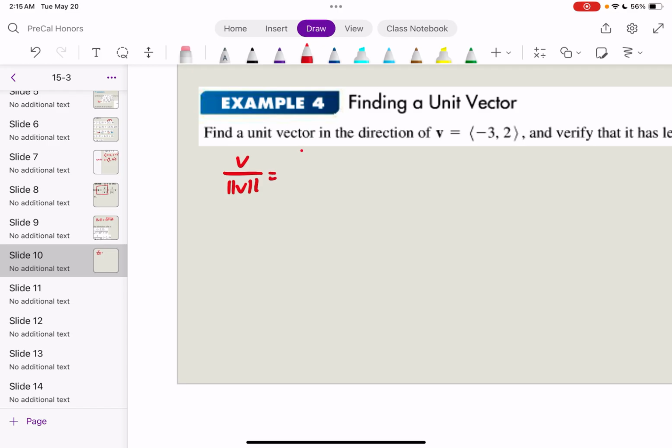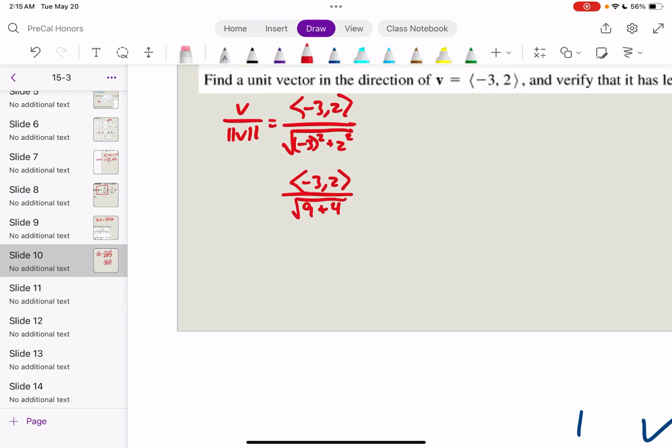So our vector, which is negative 3, 2, over the square root of negative 3 squared plus 2 squared. This would leave us with negative 3, 2 over 9 plus 4, which is the square root of 13.